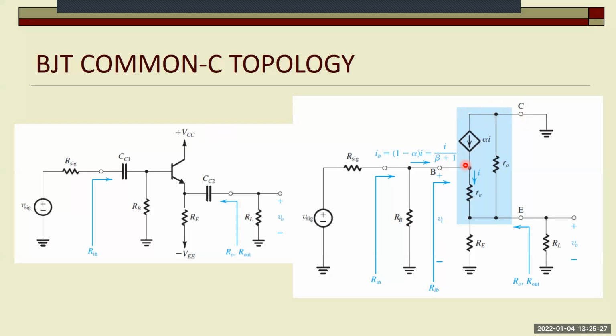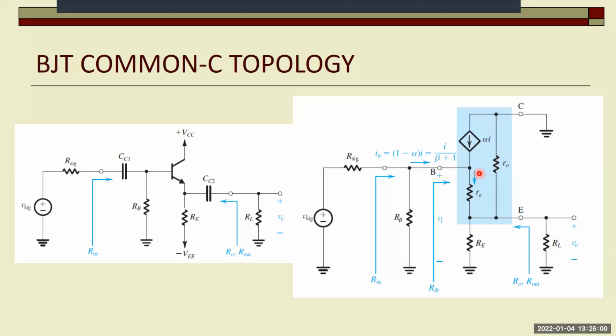On the other hand, between base and the emitter, we have the small re, which was the thermal voltage divided by the collector current, and then the capital RE. So if R0 is neglected, RE comes in parallel with RL, and they come in series with re. If R0 cannot be neglected, then R0, RE, and RL, they all come in parallel.